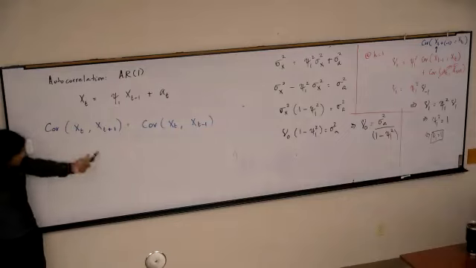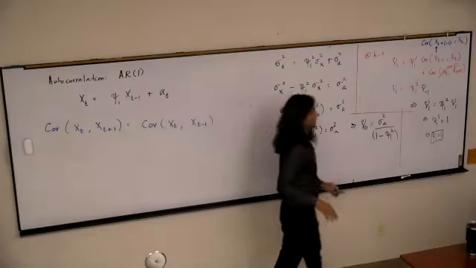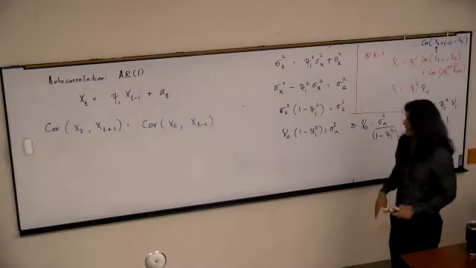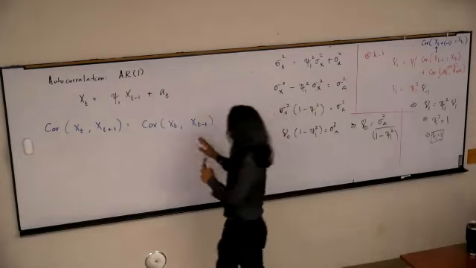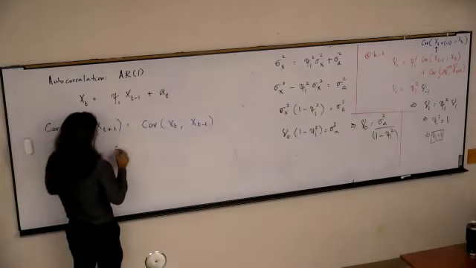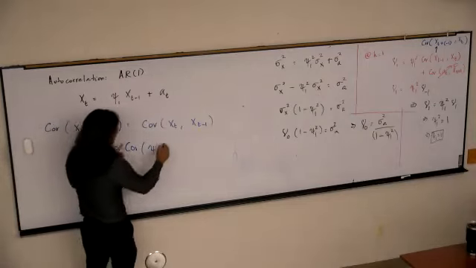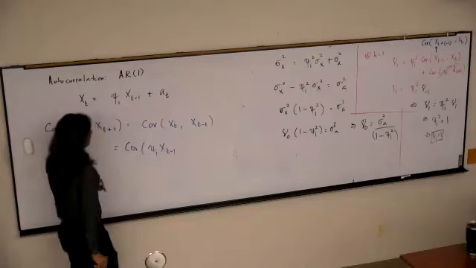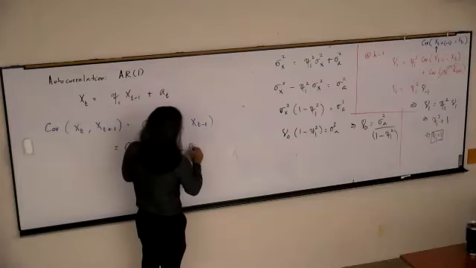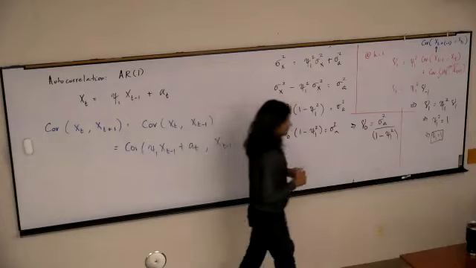I'm just going to replace the first one right here. Keep the second one as is. If I kept the second one as is and changed the first one, I'll end up getting the covariance of psi 1 x sub t minus 1 plus a sub t, comma x sub t minus 1. Agree?